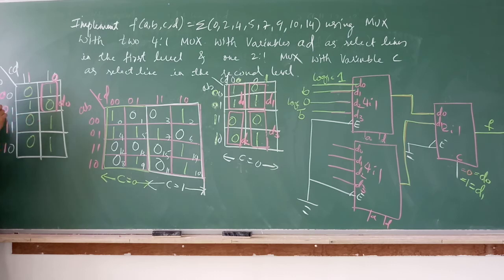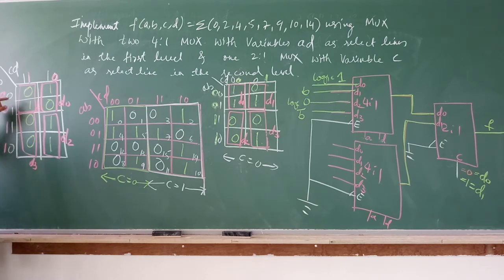D1 is when AD is 0, 1. 0, 1. 0, 1. So this is D1. D2, 1, 0, 1, 0, 1, 0. So this is D2. This will be D3 where 1, 1, 1, 1. So this is D3.